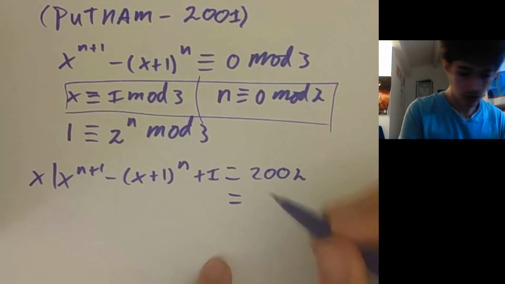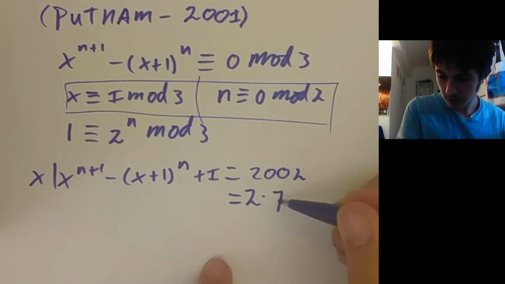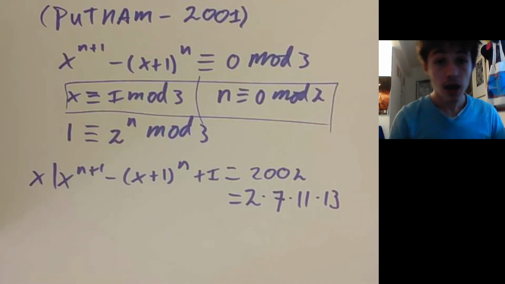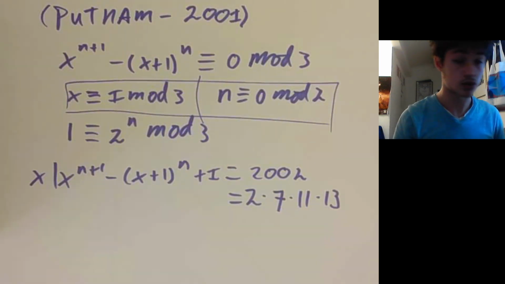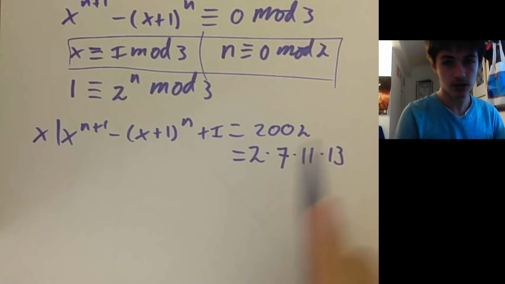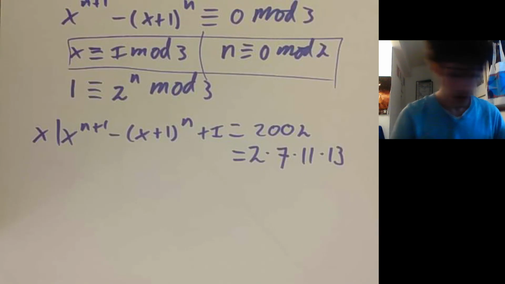Well, 2002, you can work that out. It's equal to 2 times 7 times 11 times 13. And we also knew that x was congruent to 1 modulo 3. So you know all the divisors, and we actually only care about the positive divisors because x is a positive integer.